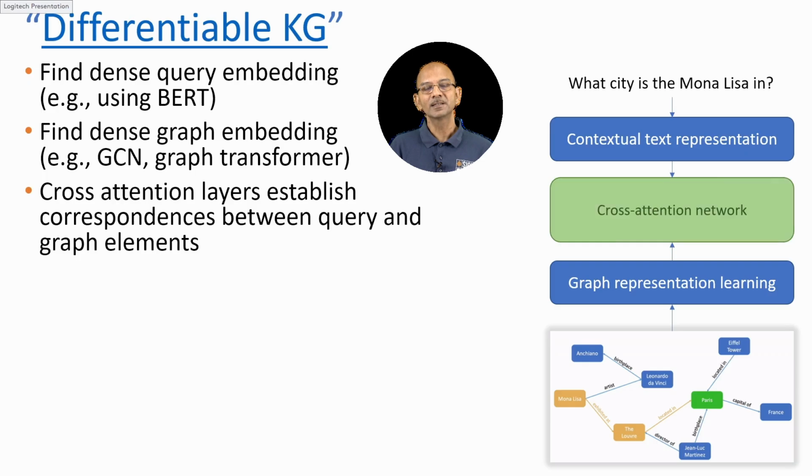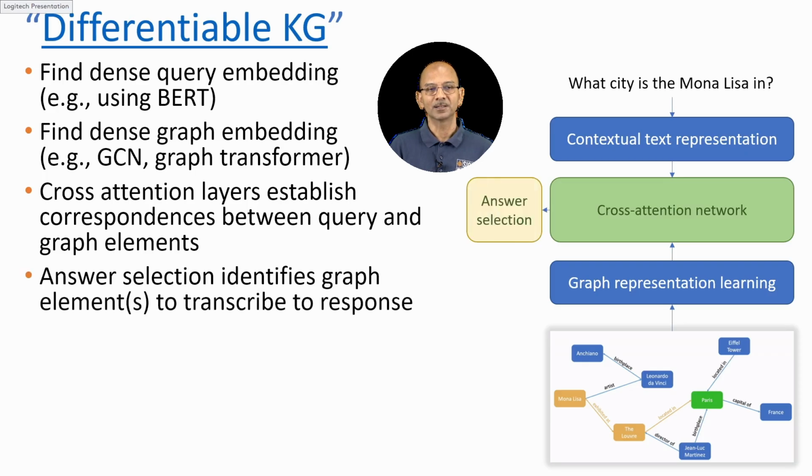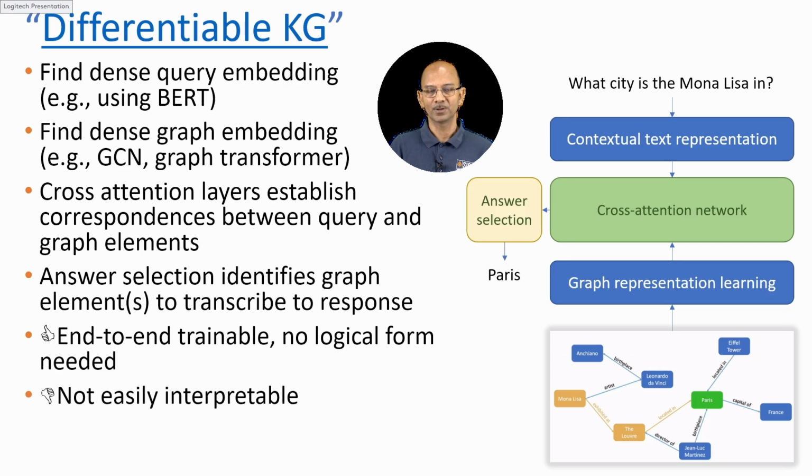Once both sides have a dense representation, we can have a cross-attention network in some ways similar to the kind of attention we have been discussing in language models to identify the answer. So the answer selection will identify a subgraph or graph elements that represents the desirable response.